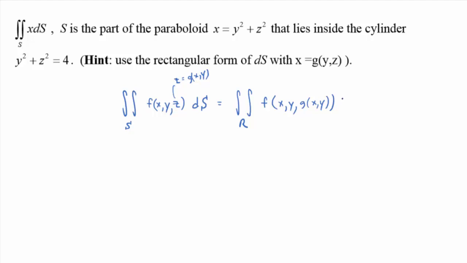And then dS is the square root of 1 plus g sub x squared plus g sub y squared, dA.